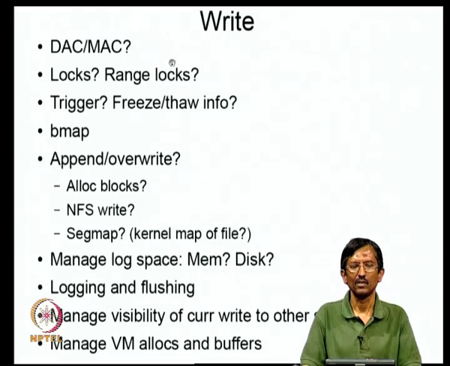Other thing is writes can have what are called range locks. For example, there are some locks available at user level, there are some locks available at the kernel level. What are the kinds of locks available at user level? There is something called fcntl. fcntl basically stands for file control.